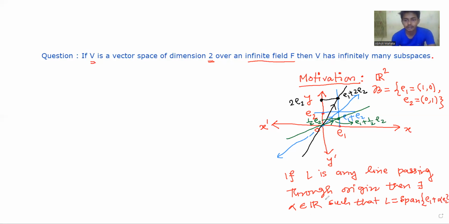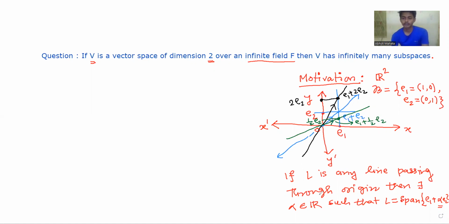So for every line we can find an alpha such that the line will be generated by E1 plus alpha of E2.